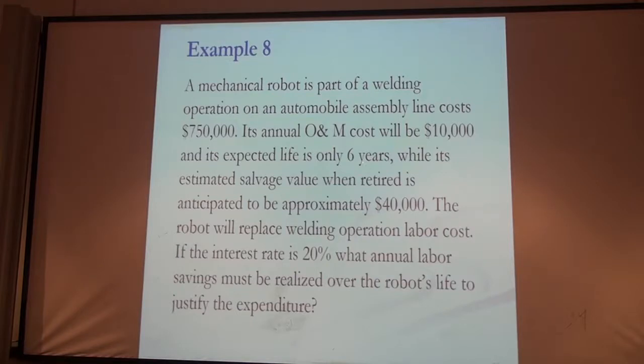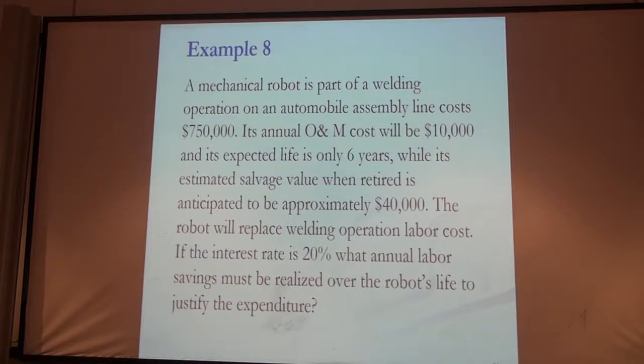Its expected life is only 6 years. After 6 years, it will be retired, maybe given to some university at around $40,000. The interest rate is 20%, the cost of money, whatever you call it.